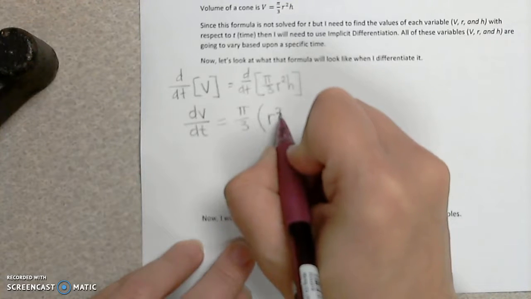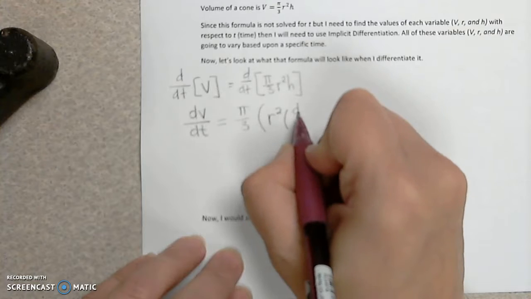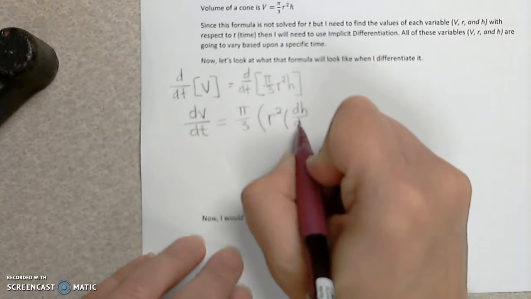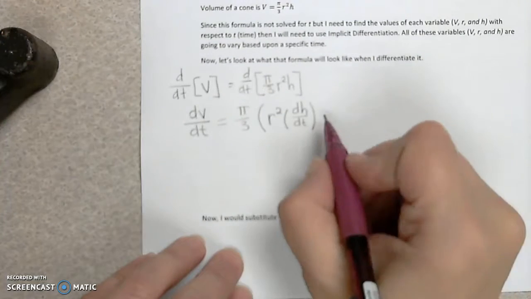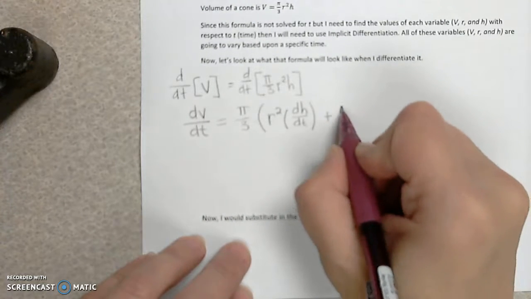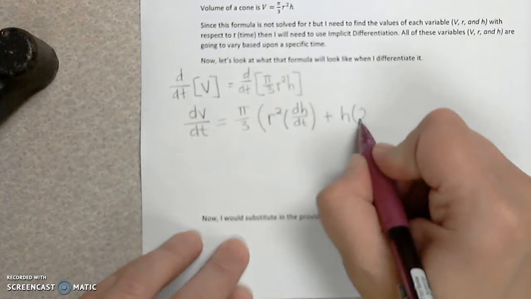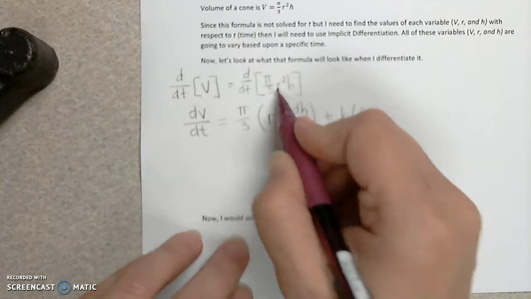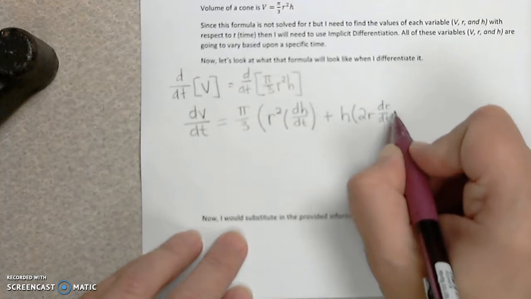I'm going to say r squared times the derivative of h, so that would be 1 times the derivative of h with respect to t, plus h times 2r, the derivative of r squared, times the derivative of r with respect to t.